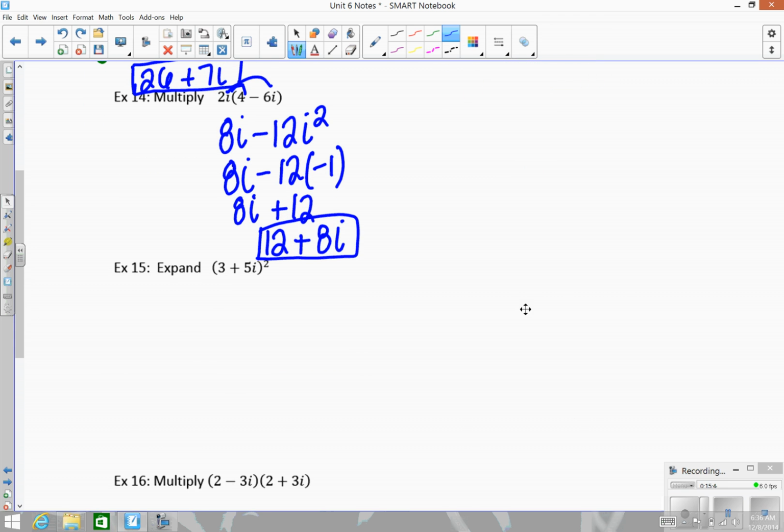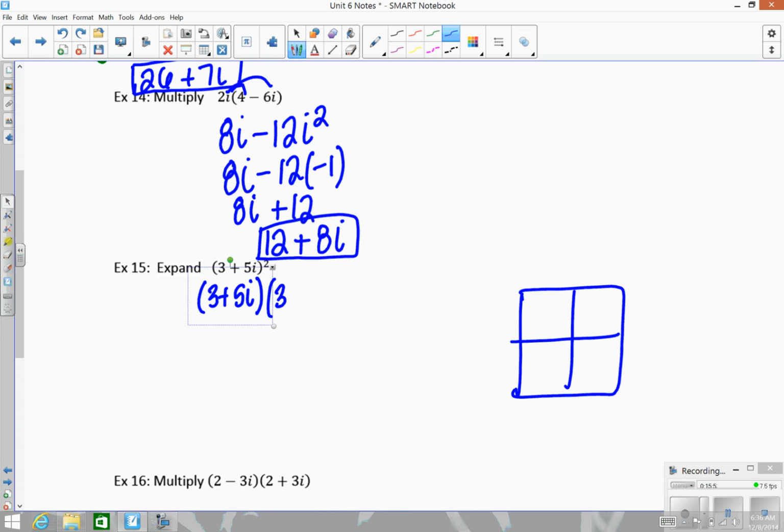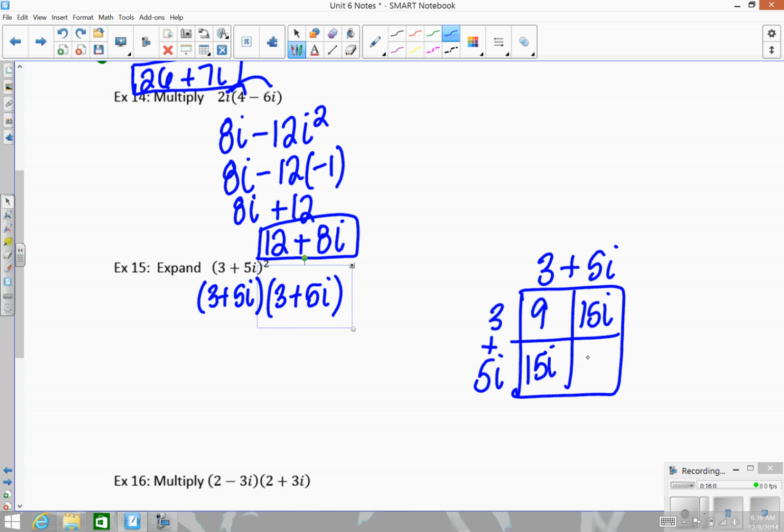And then this one here, if I'm expanding this example, this remember is the same thing as 3 plus 5i times 3 plus 5i. So I'm going to set up the box, and then you go ahead and multiply. So we have 15i, 15i, and then 25i squared.